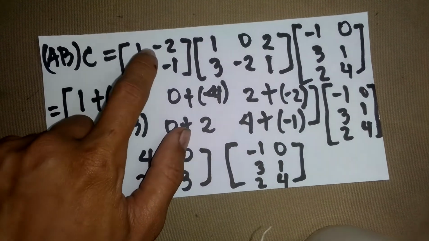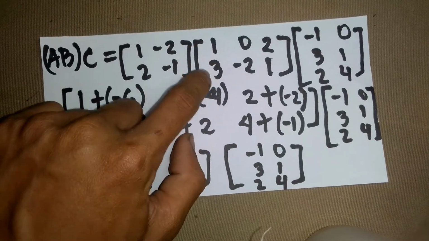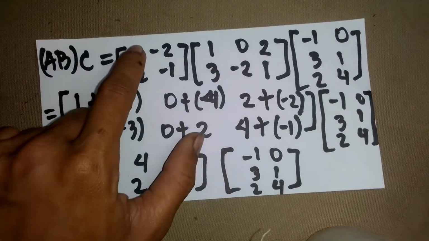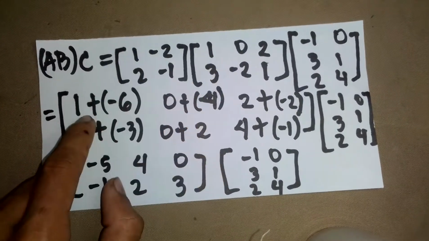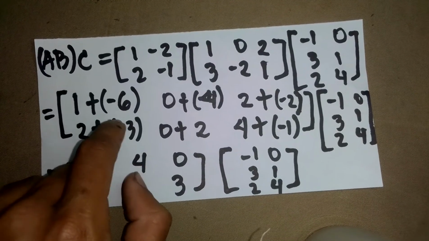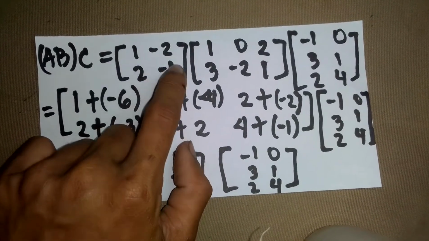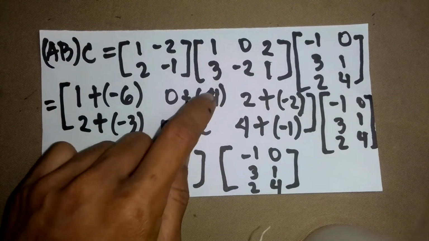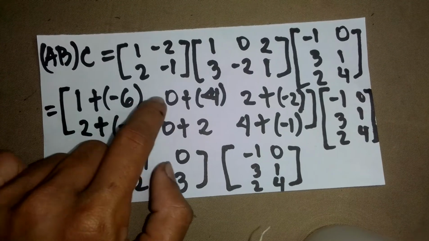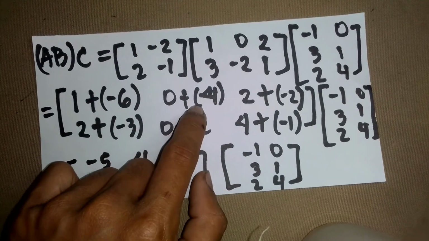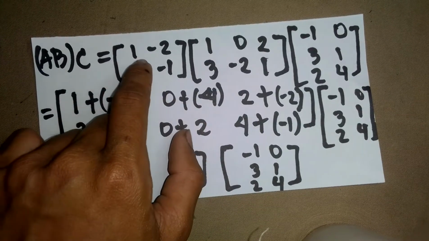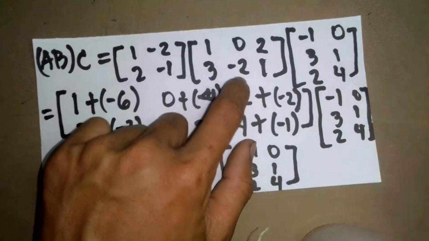We multiply the first row to the first column: 1 multiplied by 1, and add the second one, negative 2 multiplied by 3, which is equal to negative 6. We add these two. For the second element, we multiply the first row to the second column.